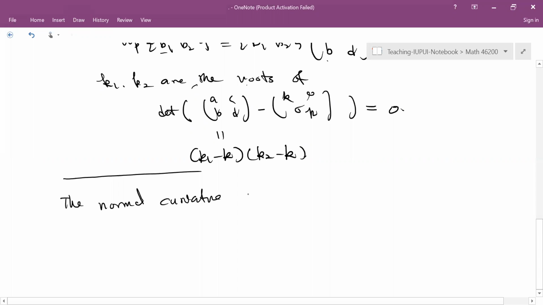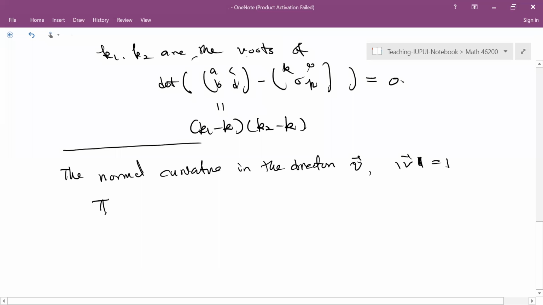The normal curvature in the direction V, where the length of V we assume is 1, is going to be the Weingarten map applied to V, and the dot product with V itself.